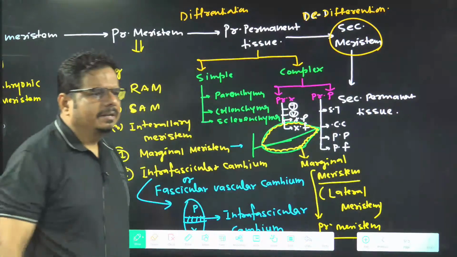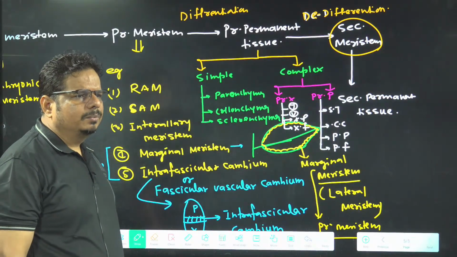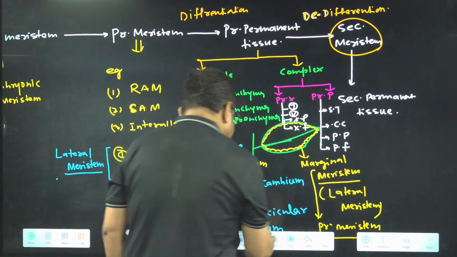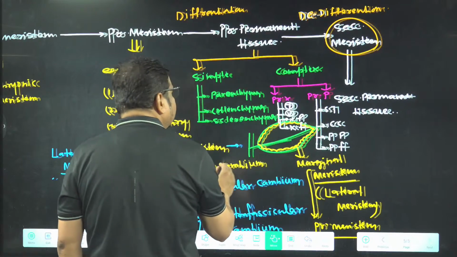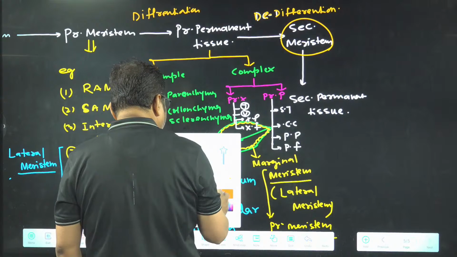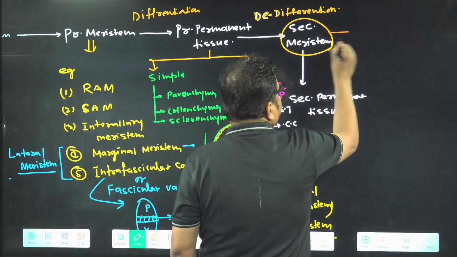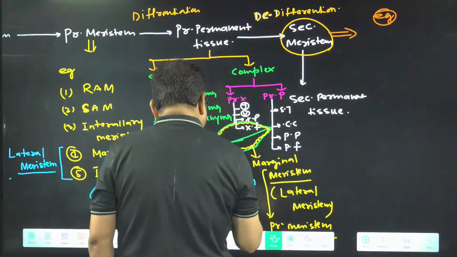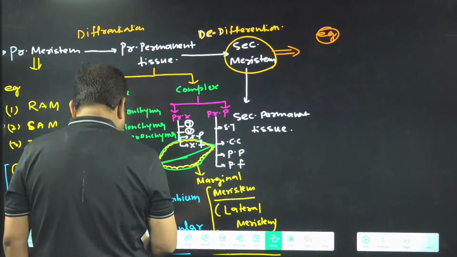Secondary meristem. Primary permanent tissue by the process of de-differentiation is converted into secondary meristem. I am writing some examples of secondary meristem here.